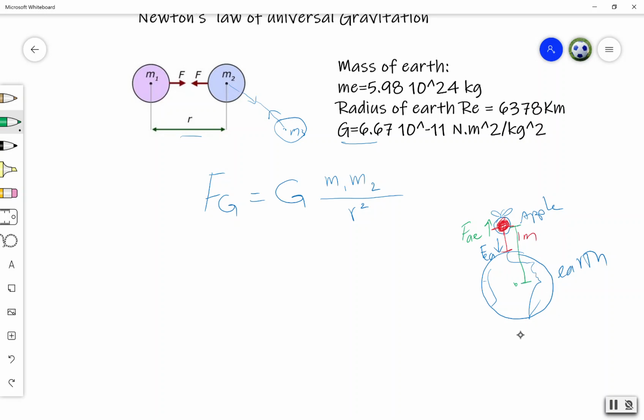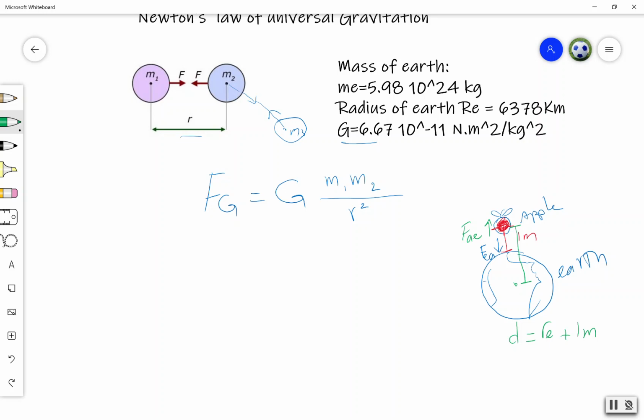So this distance basically equals the Earth radius plus the 1 meter between them. The apple is very small compared to 1 meter, so let's just keep it 1 meter here.